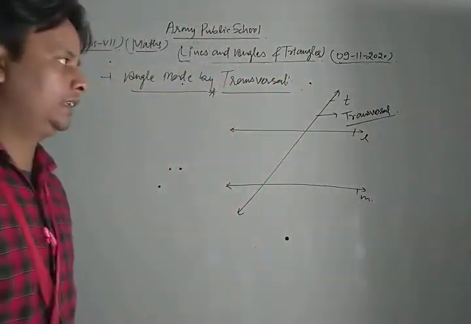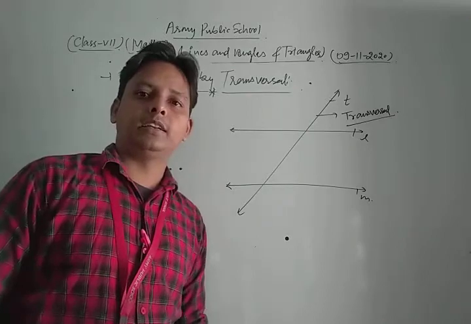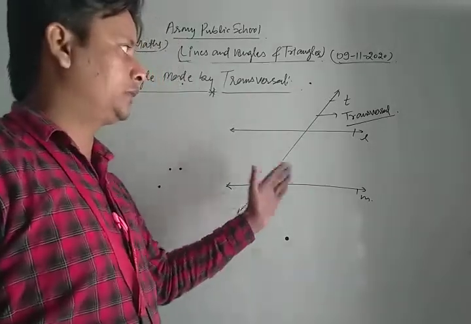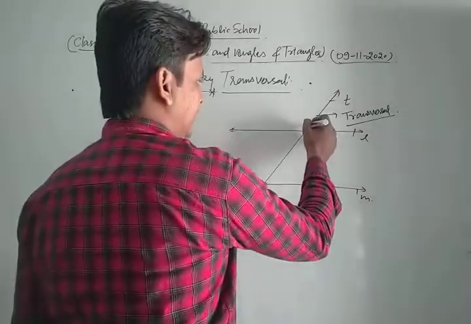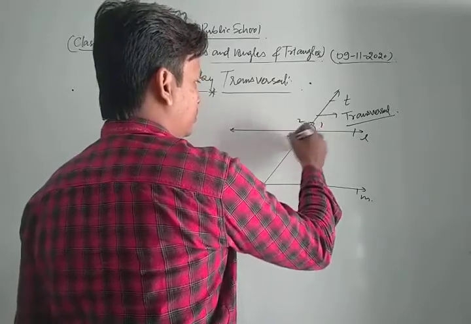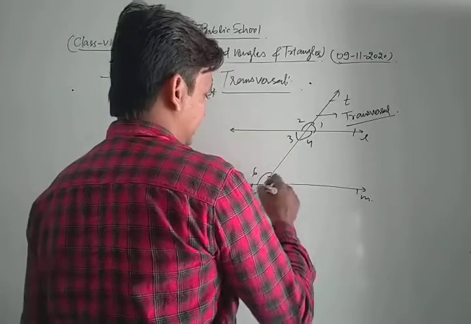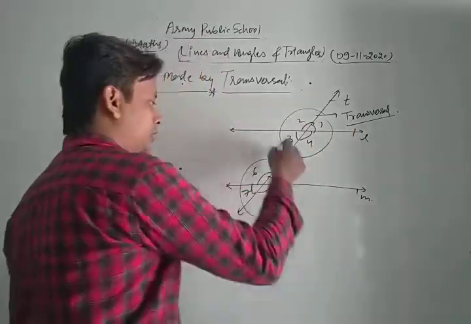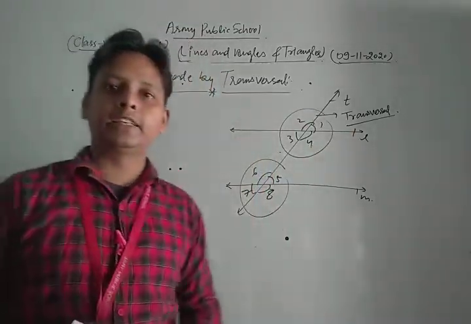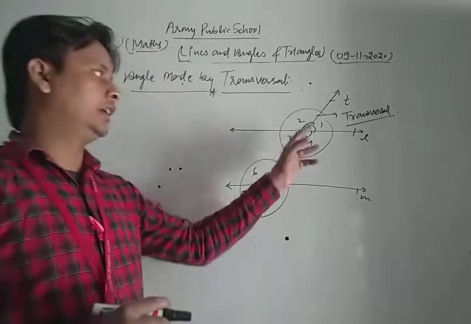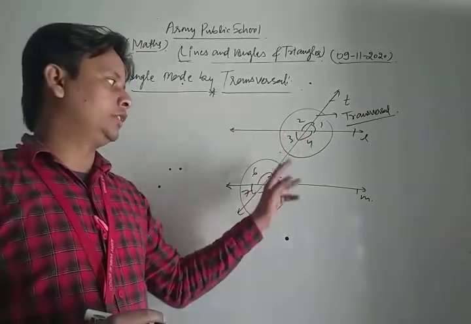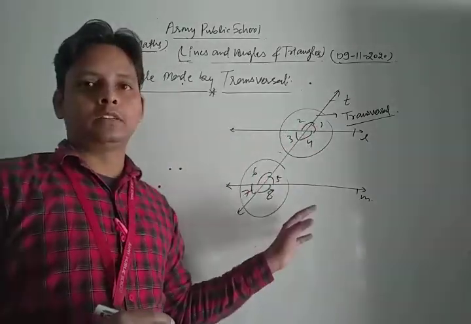There are so many types of questions on angles made by a transversal. We take angles 1, 2, 3, 4, 5, 6, 7, 8. There are several types of angles made by the transversal: alternate interior angles, consecutive interior angles, and corresponding angles.